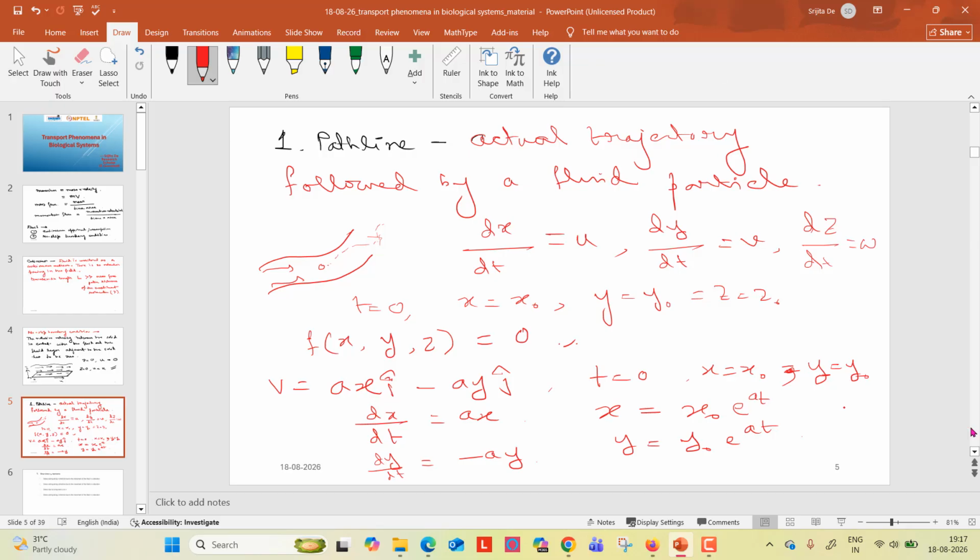And if you multiply these two, it will come as a constant, because the exponents cancel. So xy equals x0 y0 equals a constant. That leads to your path line expression: if you multiply the coordinates of the particle, it will always come to a constant.